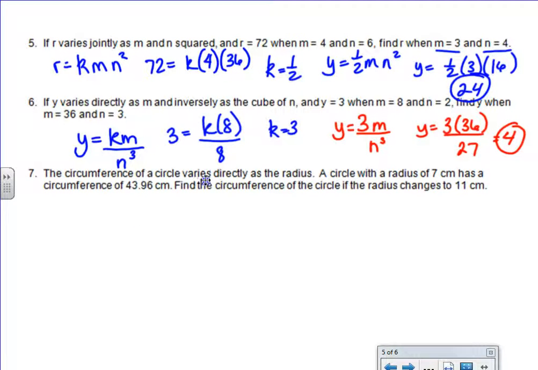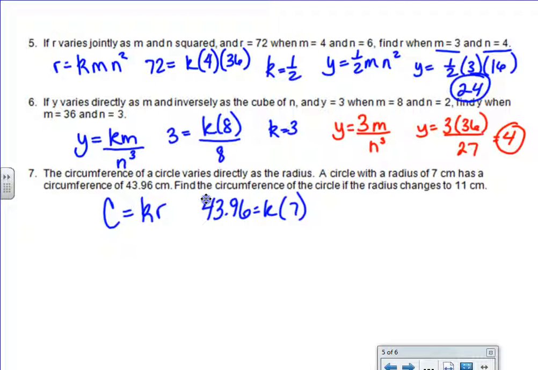The circumference of a circle varies directly as the radius. So circumference varies directly as the radius would be k times r. Now we know a little bit of something about circumference of a circle, so this should be interesting. Circle with radius of 7 is circumference of 43.96. So just making sure we substitute in the values in the appropriate place.